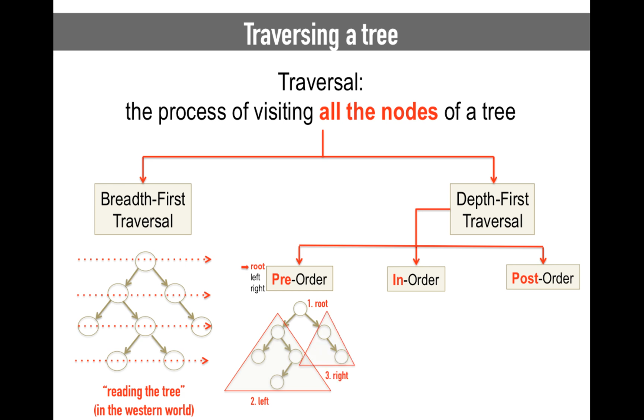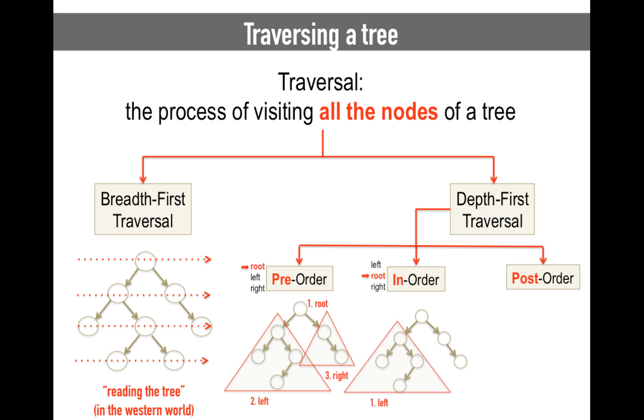We are going to see the details in another video, but I want you to have this idea that pre-order refers to the order in which the root is visited, and pre means the root goes first, the root precedes. In order means that the root goes in the middle.